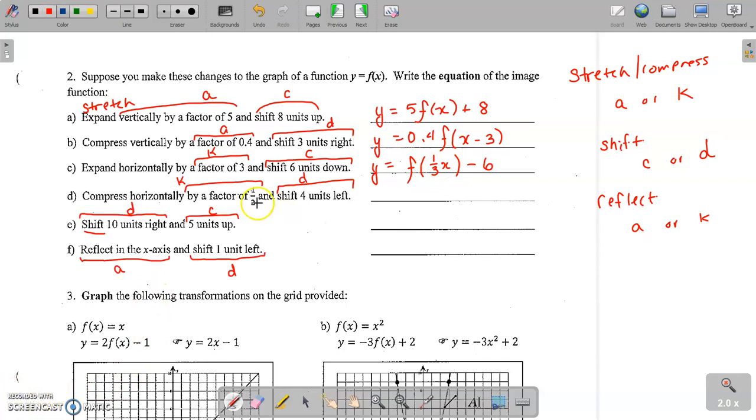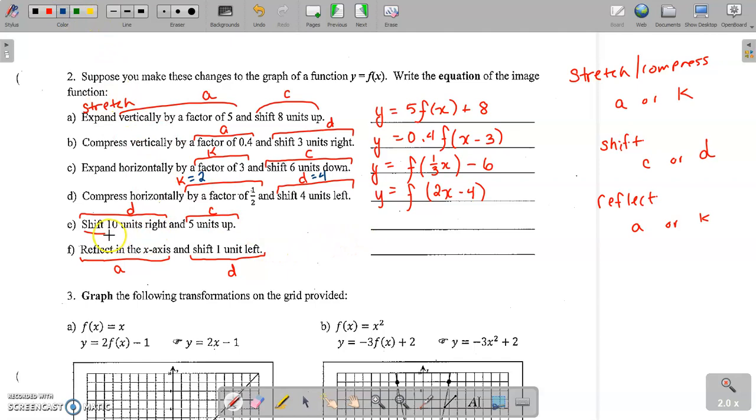All right, so continuing from D, if you compress horizontally by a factor of 1/2, that means your k is 2. And you're going to shift 4 units, that means your d is 4. So therefore the transformed function would be f of 2x minus 4, and that's that.